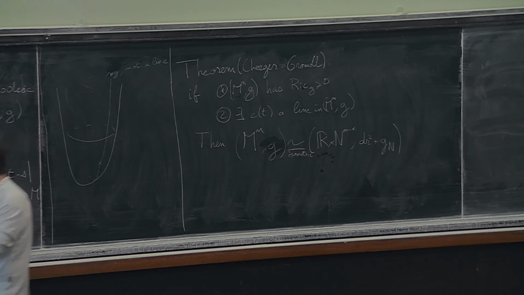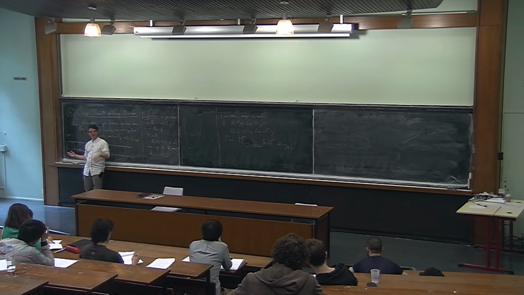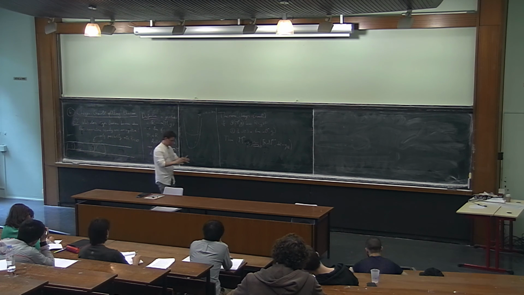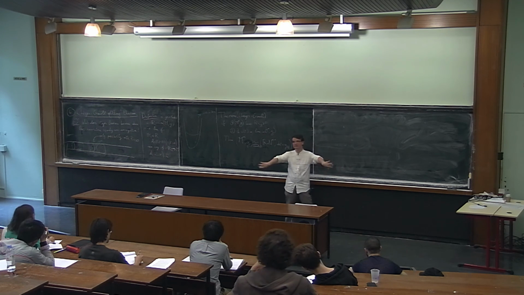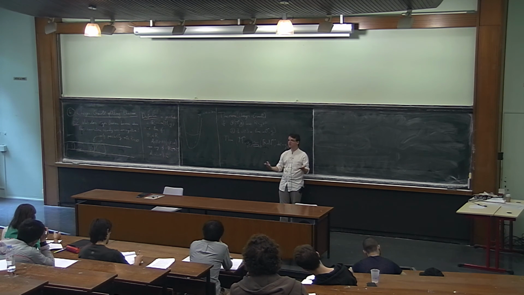For instance, let's take R n, and let's try to move a little bit the Euclidean metric, make a perturbation in some compact set. We keep everything else fixed, while keeping the Ricci curvature non-negative. Can it be done? Yes? No?